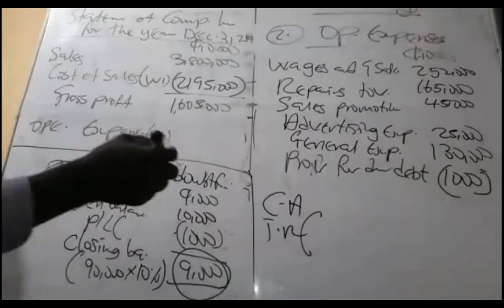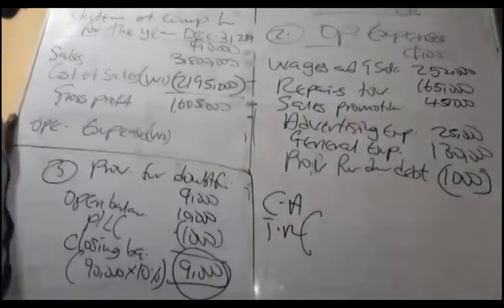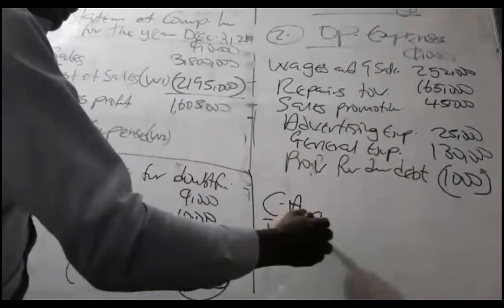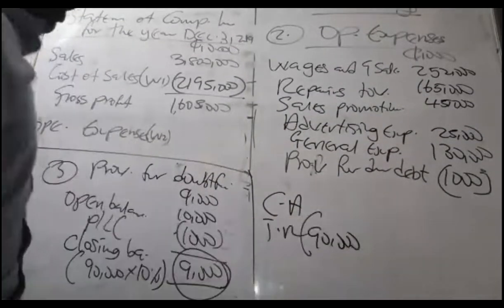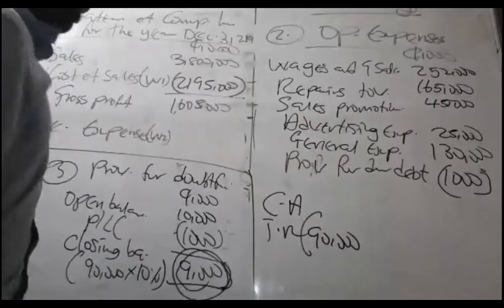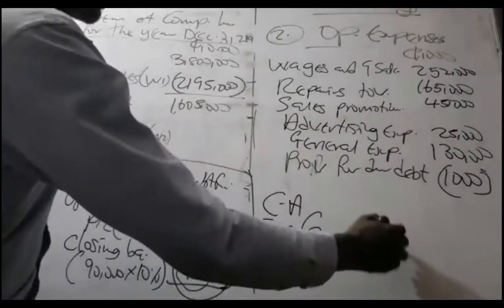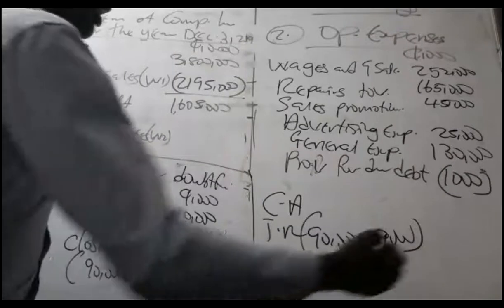Here the receivable figure is 90,000. If I doubt the collectability of 9,000, then it means minus 9,000, and that will give us 81.